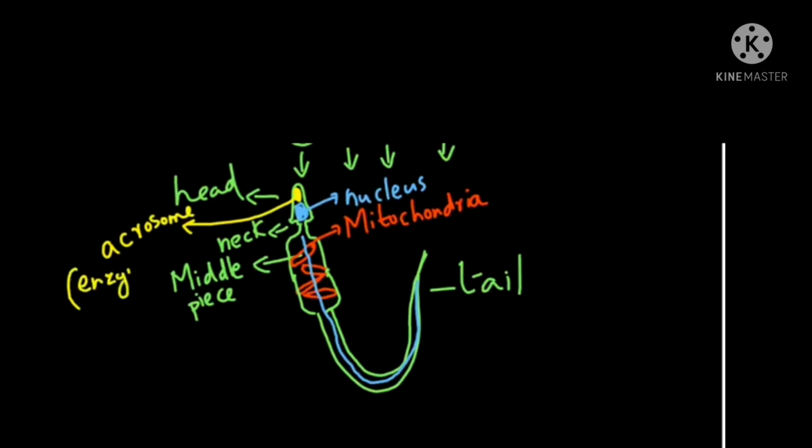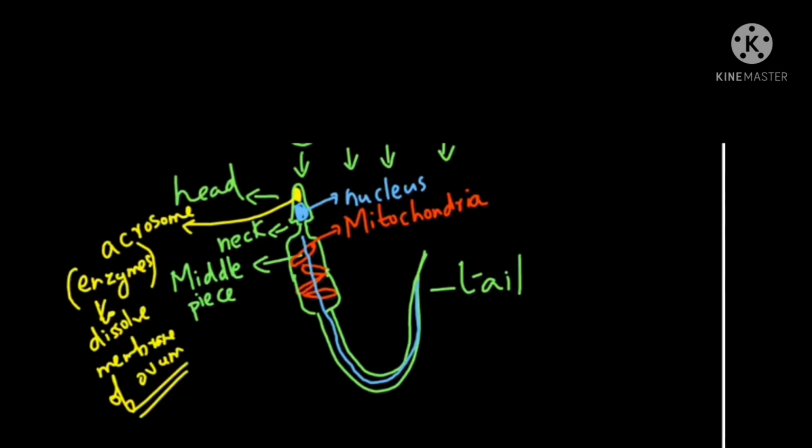Acrosome has got some enzymes to dissolve membranes of the ovum. When you learn about the structure of ovum, you will learn that ovum is surrounded by so many membranes. So if the sperm nucleus has to fuse with the ovum nucleus, the ovum membrane has to be dissolved.